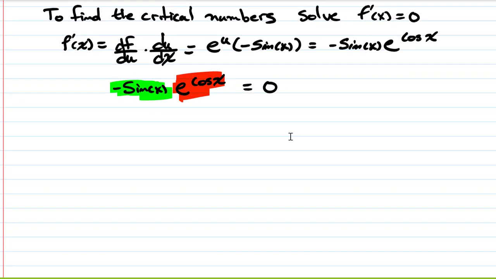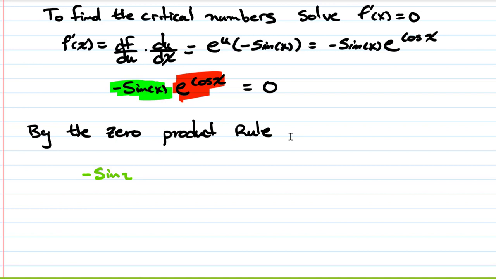So by the zero product rule, we have that negative sine x is equal to 0, or e to the cosine x is equal to 0.